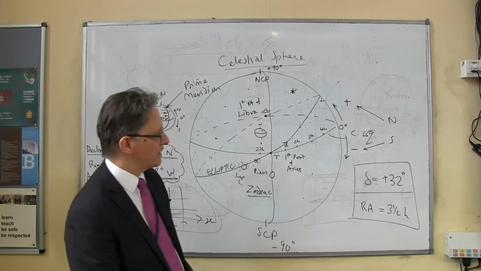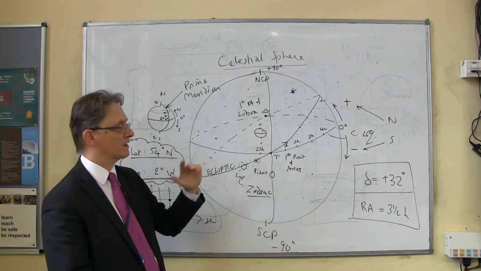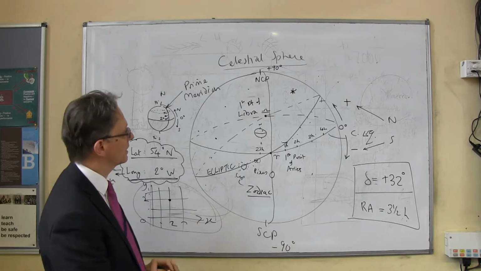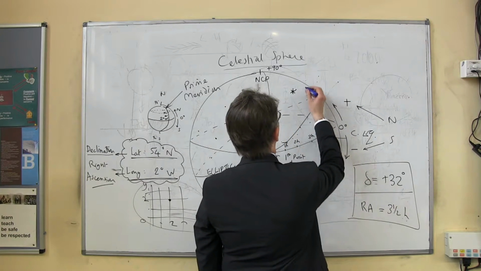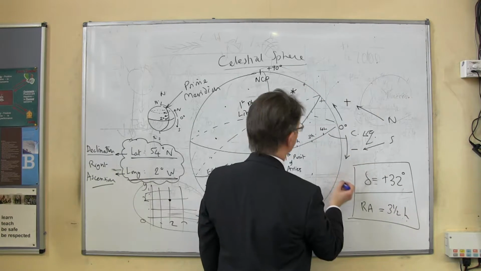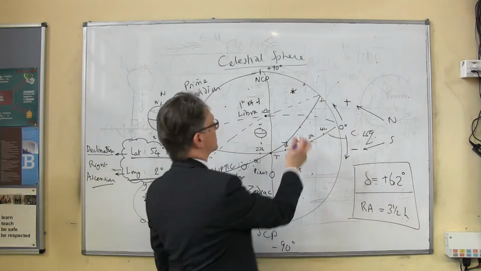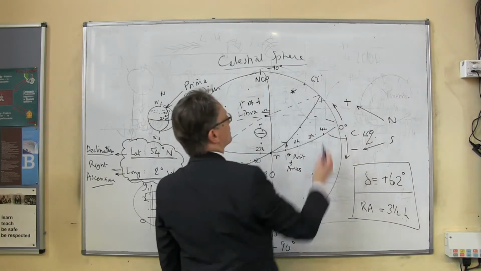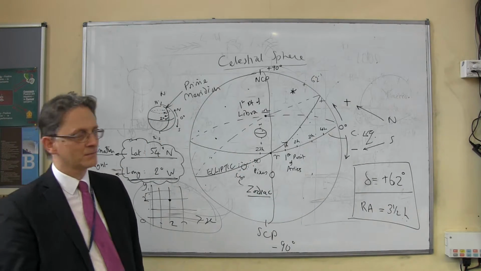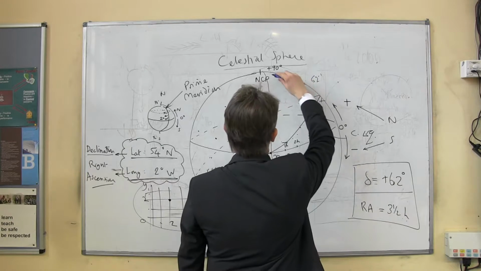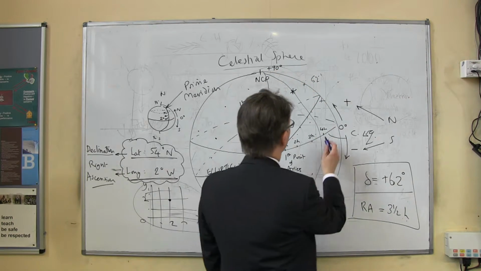And you might think, well, why is it measured in minutes and hours? It's because it's closely linked, obviously, to the rotation of the Earth and to time, as we'll see a little bit later on. Okay? But it means I can now give a coordinate. I can say this particular star, like 62, I think. I can take that star there and say, right, well, it's 62 degrees above the equator, so it's got a declination of plus 62, and its right ascension, if I draw a line from the poles like that, it's about 3.5.